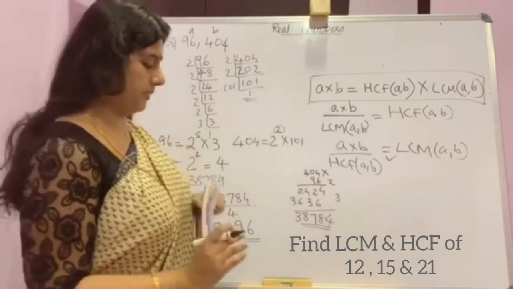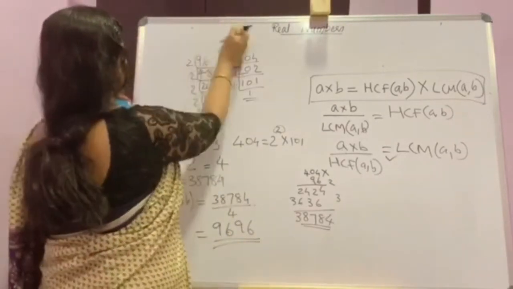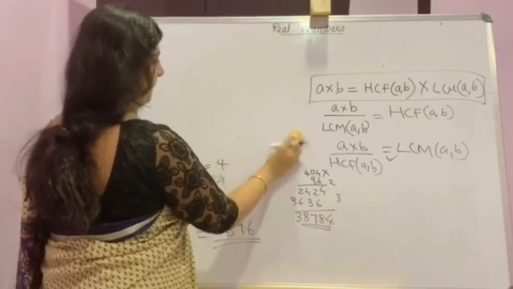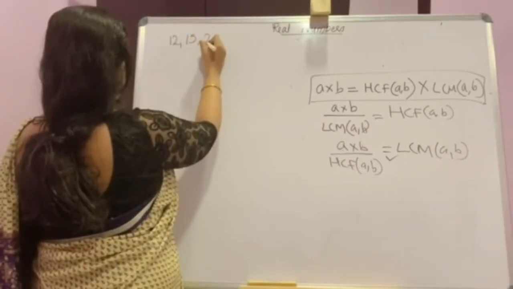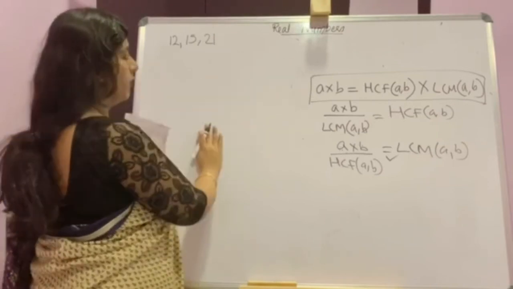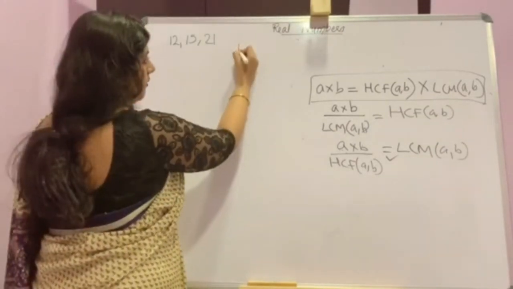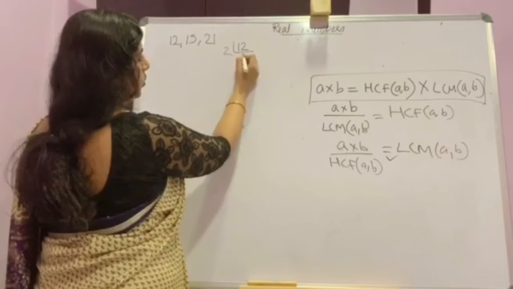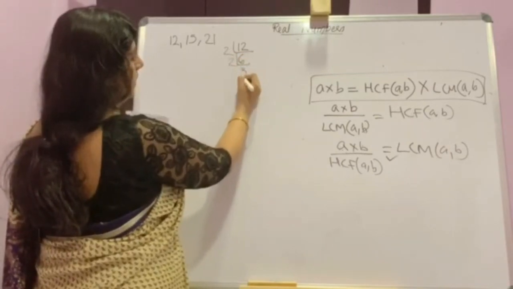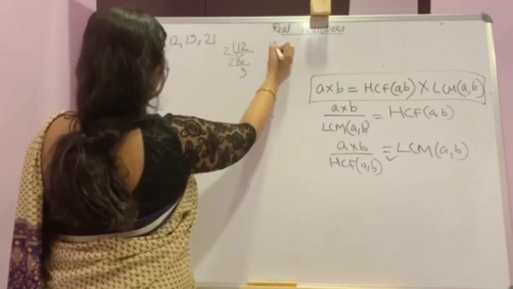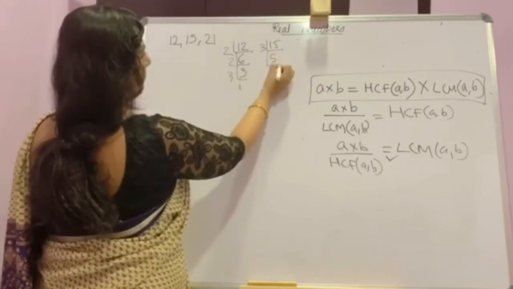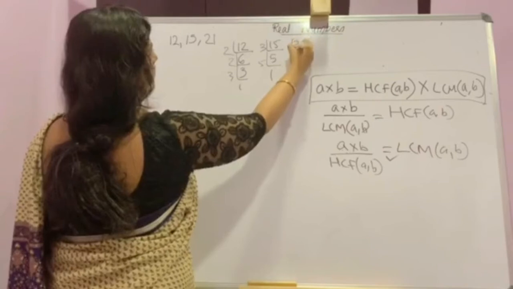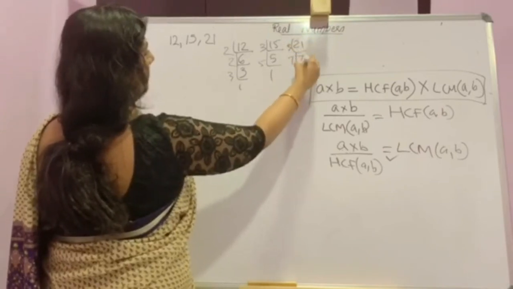Now next, find LCM and HCF of 12, 15, 21. We have three numbers here. We have to find the LCM and HCF. So first factorize it. 2, 6 2s are 12, 2, 3. 15 is 3, 5. 21 is 3, 7.